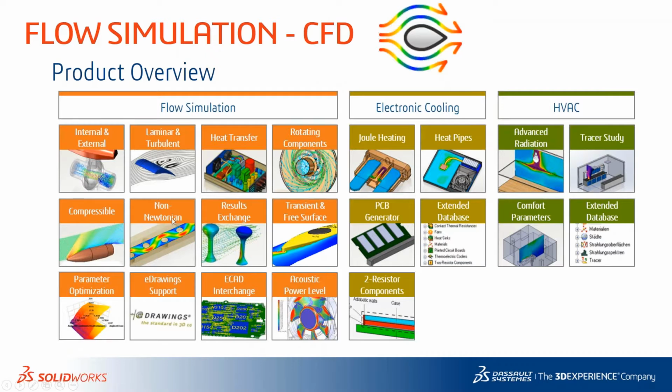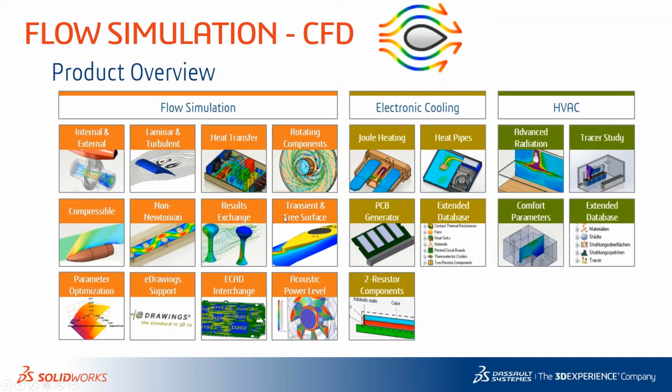The results that we calculate don't stand on their own. We can take pressures and/or temperatures and thermal heat coefficients and export those to our FEA solution, SolidWorks Simulation, which then you could use to find out how much a part deforms due to the pressures, or do the thermal analysis as I mentioned.